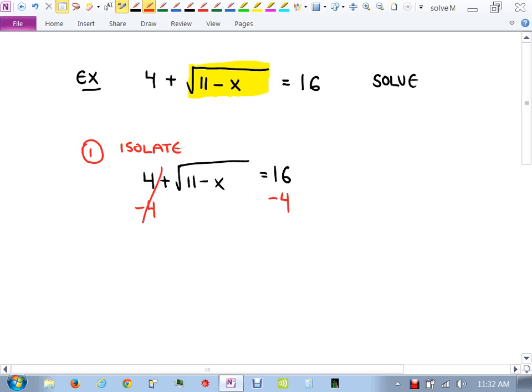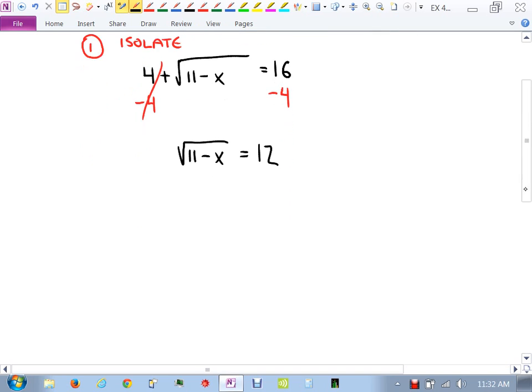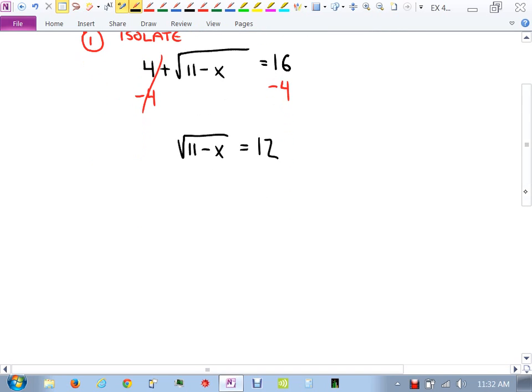I can subtract 4 from 16. I'll be left with the square root of 11 minus x equals what? 12. All right, would you say that we have isolated the root? Is it by itself? Yeah, it's by itself. So what's the second step then?